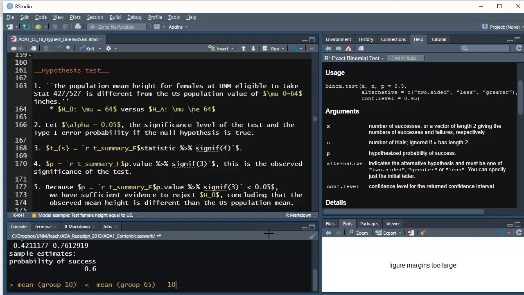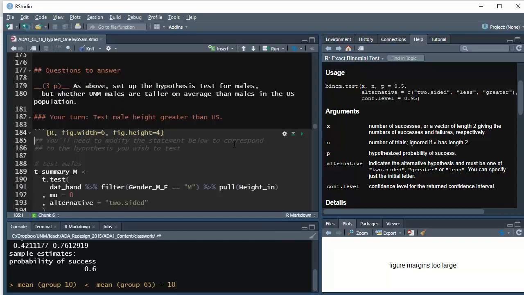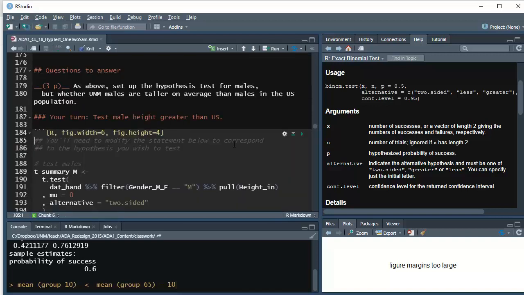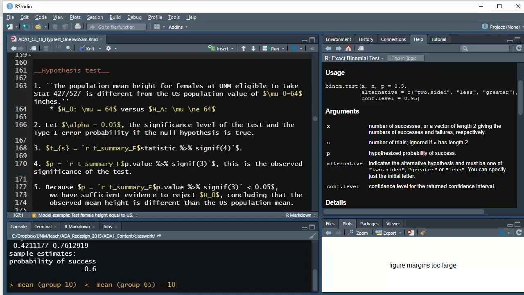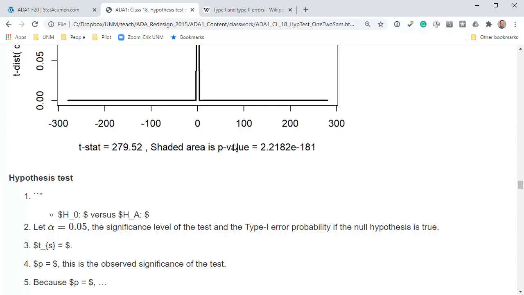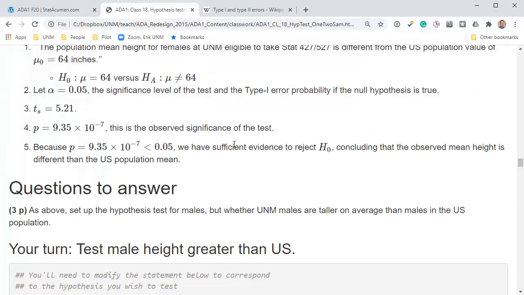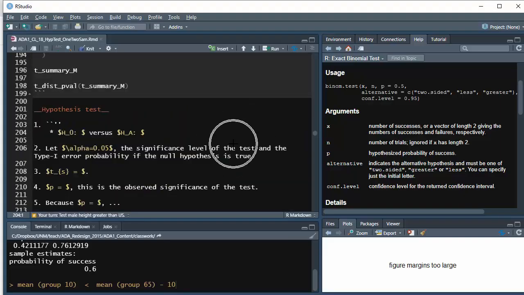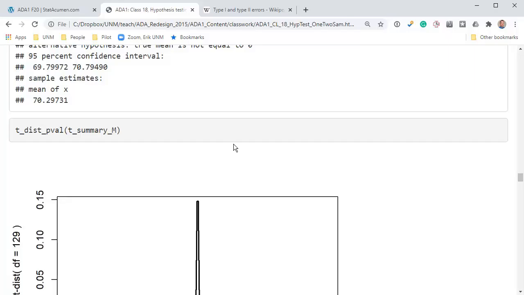I'm going to take a second and see if I can identify the weird thing that happened between the female example and the male example. Usually it's just a hanging dollar sign somewhere, but I don't see an issue anywhere. Hopefully after you fill some of these in, it will knit correctly.